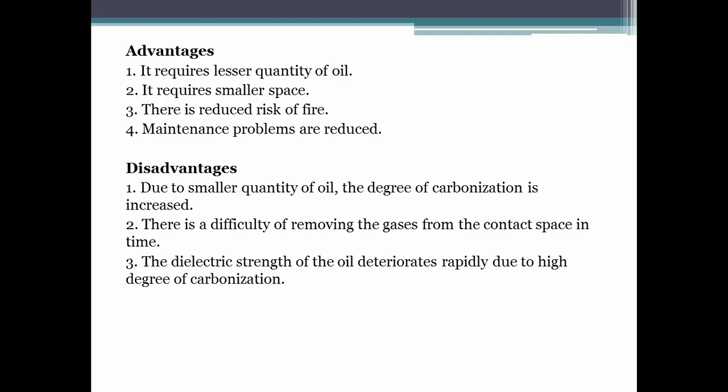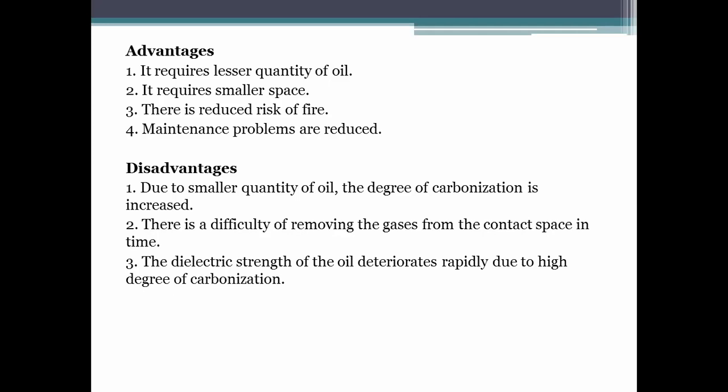Now the disadvantages: due to smaller quantity of oil, the degree of carbonization is increased, because we are using less quantity of oil. Whatever gases are produced, they produce carbon. And the oil used is very little, so that oil gets contaminated easily.